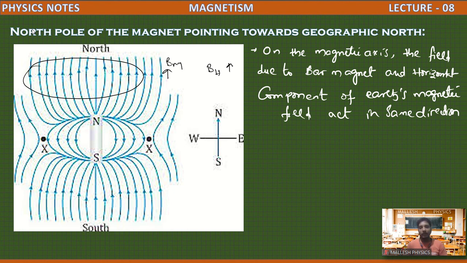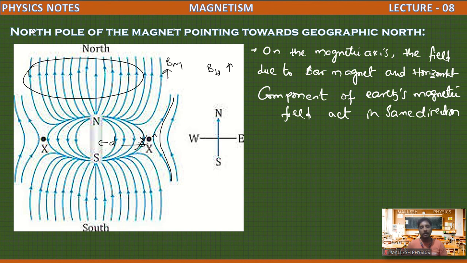But if you see on the equator, these are the lines of Earth's magnetic field, and these are the lines of the bar magnetic field. The bar magnet's magnetic lines of force travel from north to south, so downward. And Earth's magnetic field lines travel from south to north, upward. Now where these two magnetic fields become equal at a particular distance on the equator, let us take this distance as d.